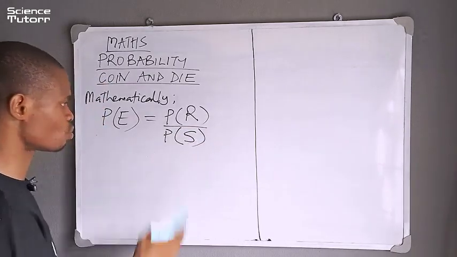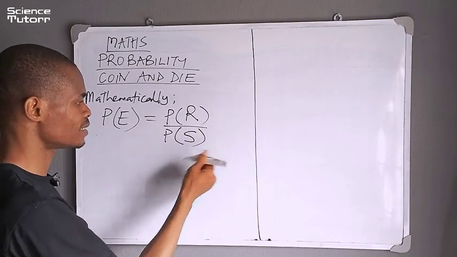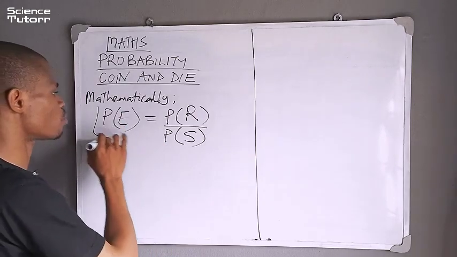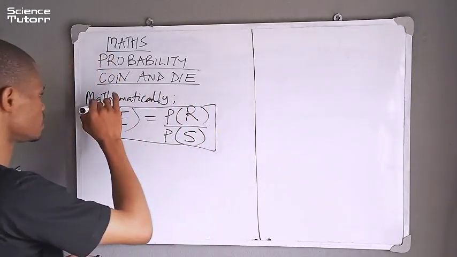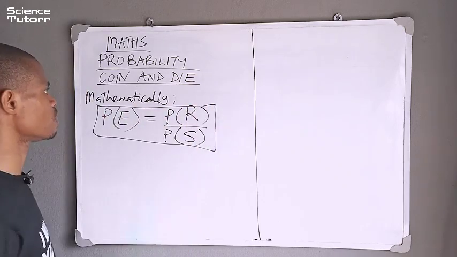So let's use S to represent it. The sample space is simply the overall total. So this is a simple formula that is used in probability.